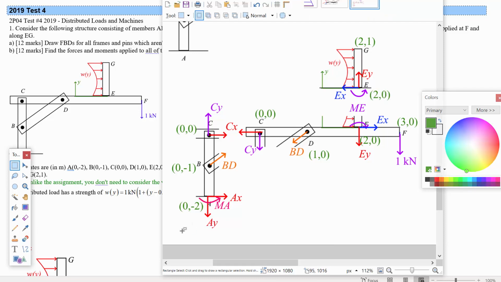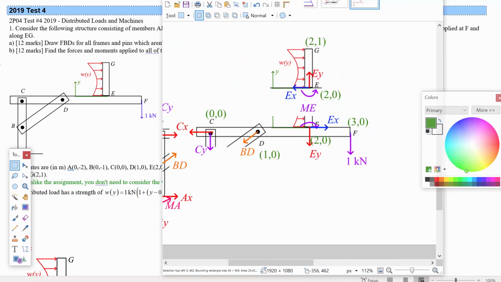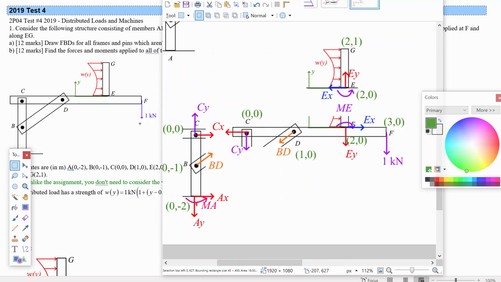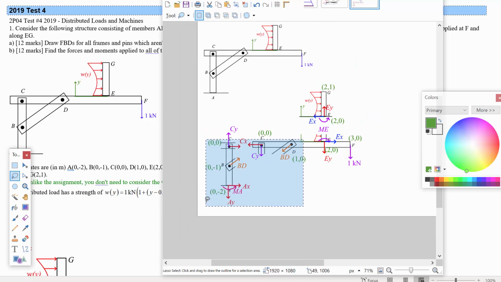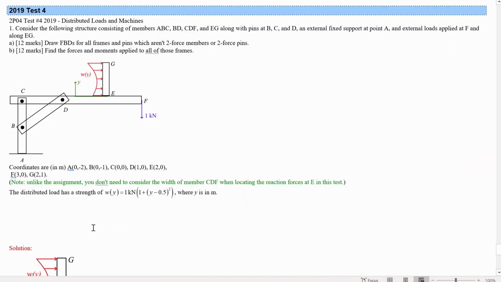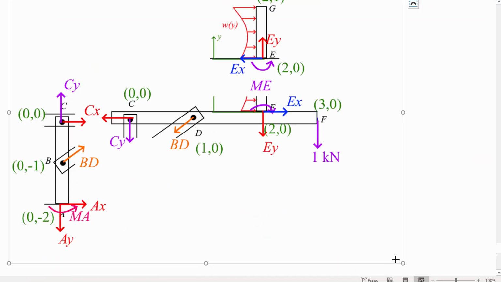Okay, so there's our set of free body diagrams for this combined object. How to copy the whole thing? I can use the select tool and make sure not to include that top diagram at all. And there we go. So here are our free body diagrams copied in.